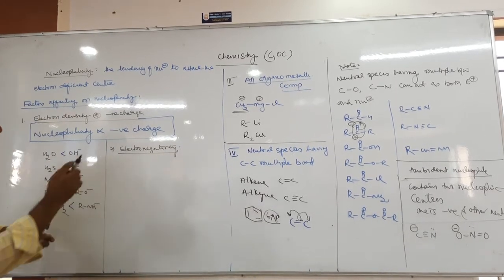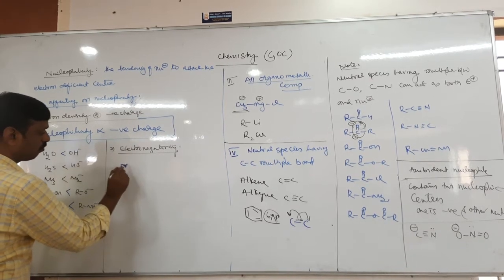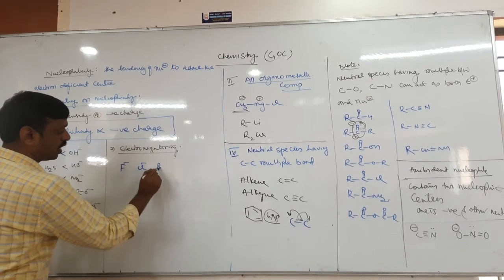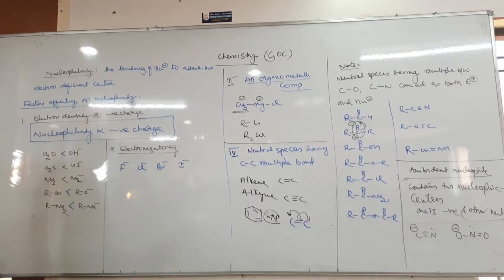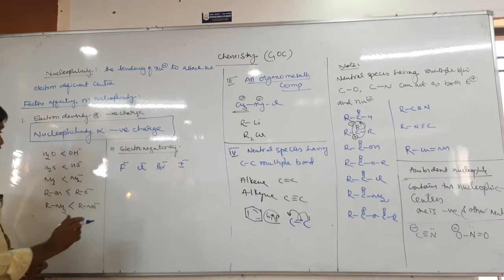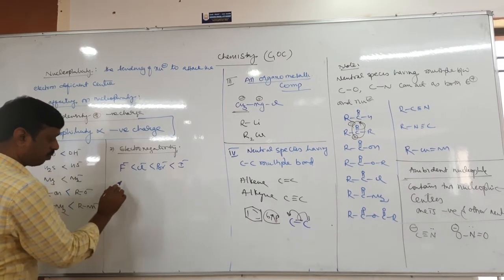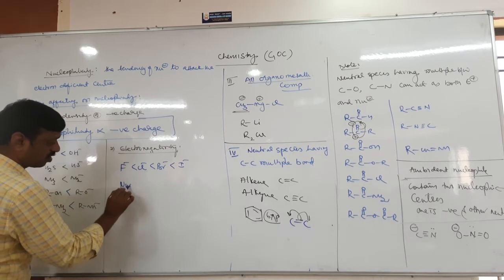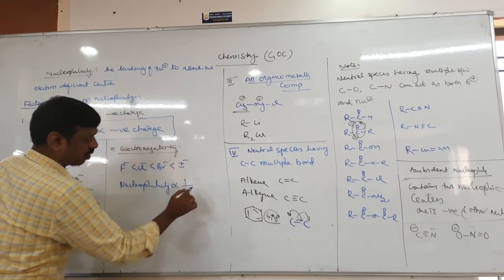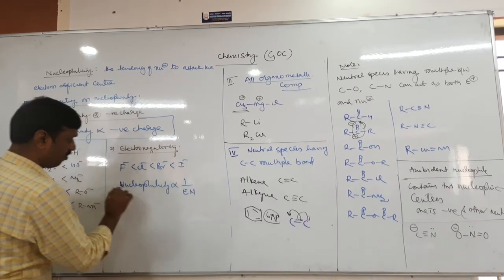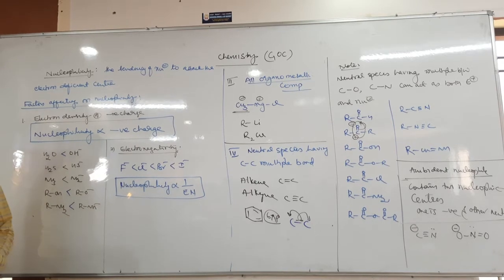For example, take the 17th group elements: fluoride, chloride, bromide, iodide. Tell me, what is the order of nucleophilicity? Iodide is more than bromide, then chloride, then fluoride. That means nucleophilicity is inversely proportional to electronegativity, right?